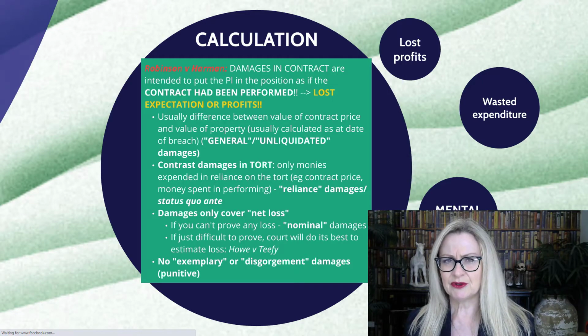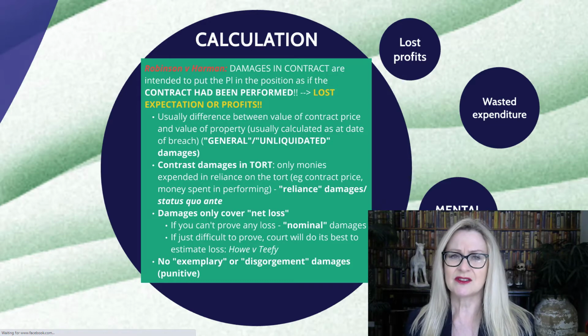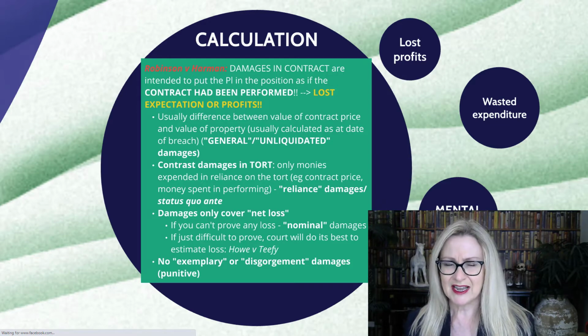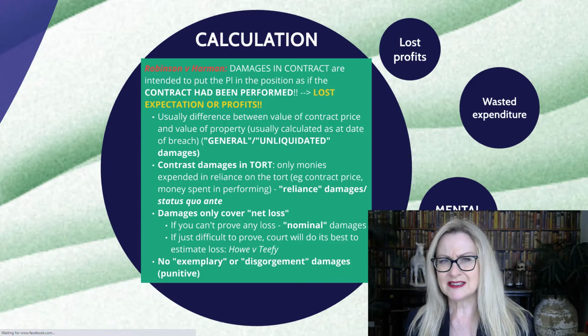In this area of the law, calculation of damages is often said to be more of an art than a science. The court will just do its best to work with whatever evidence it has to try and calculate your loss. Howe and Tifi is the authority there. As I said before in the last video, there's no exemplary or disgorgement damages.